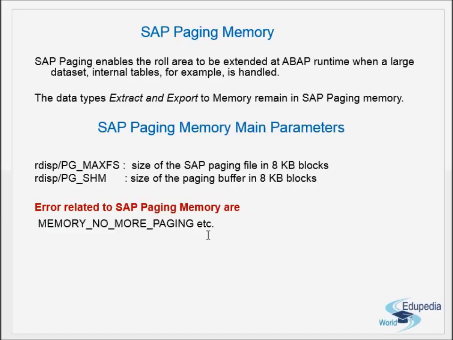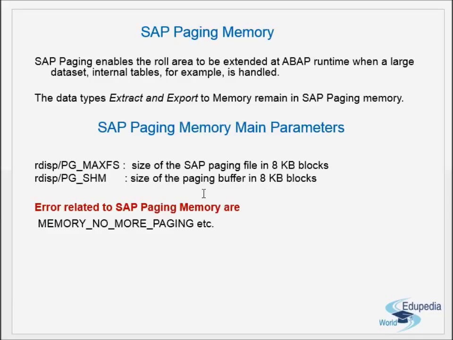So if in your ABAP program you use extract or export, then it uses the SAP paging memory only. The paging memory parameters are the size of the paging file and the paging buffer. Similarly to the roll area, where we have a roll buffer and a roll file, here also we have a paging file and a paging buffer.